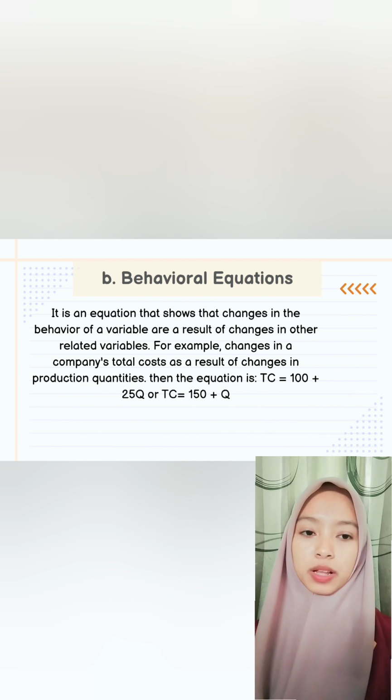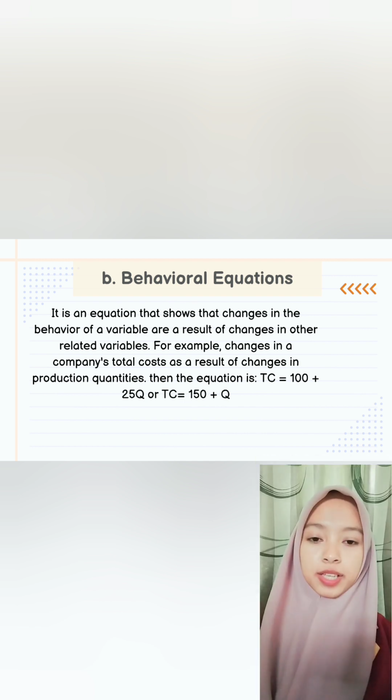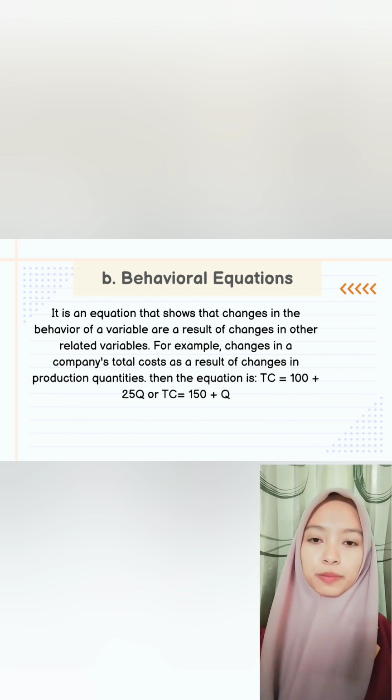For example, change in a company's total cost as a result of change in production quantities, then the equation is ΔC = 100 + 25Q or ΔC = 150 + Q.